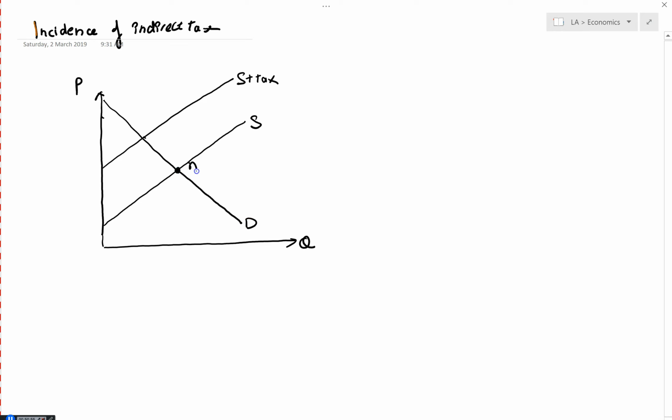Here, point A. Let's call it Q naught, original price P naught. Because of a tax now, the equilibrium price is now at P1, Q1.